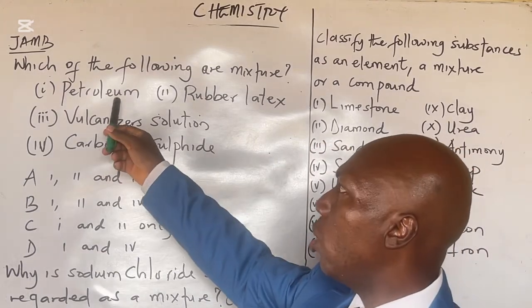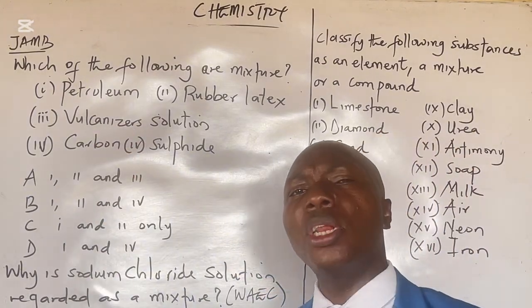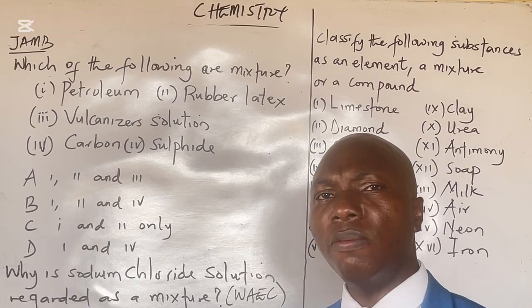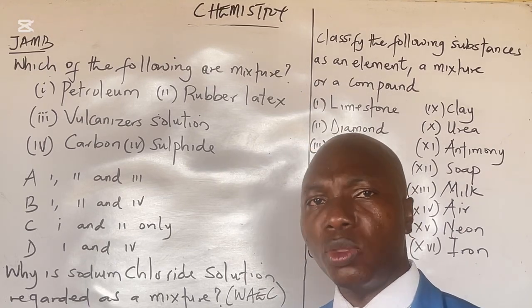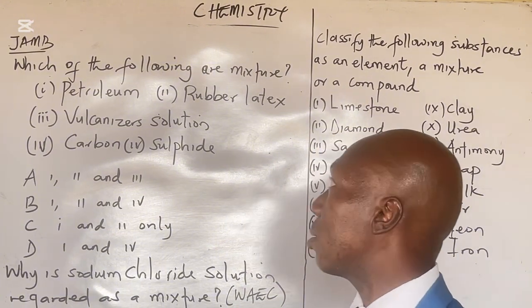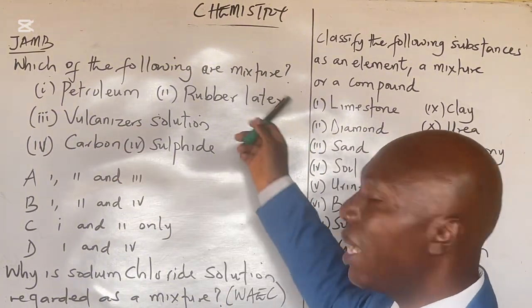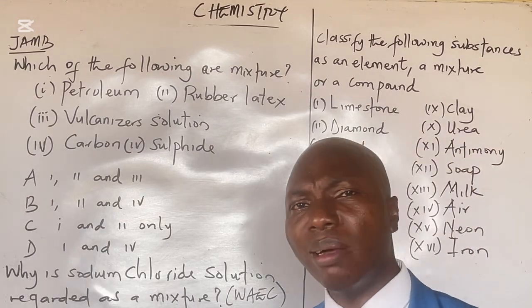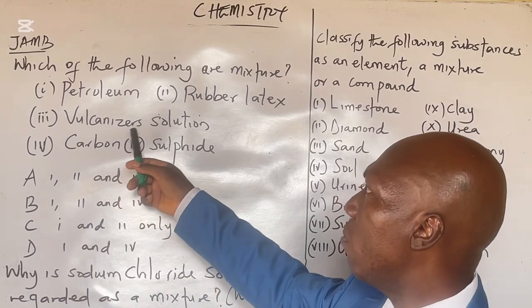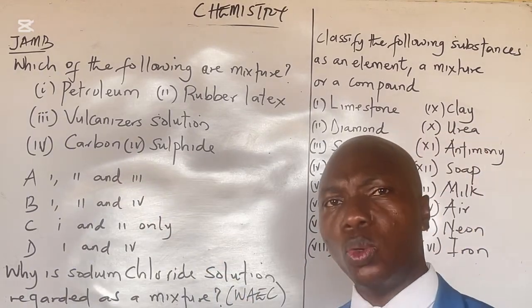Petroleum, or we call it crude oil, is a mixture of petrol, bitumen, gasoline, kerosene, and all that. So petroleum is a mixture. Rubber latex is a mixture of rubber and some compounds and water. Vulcanizer solution is a mixture.